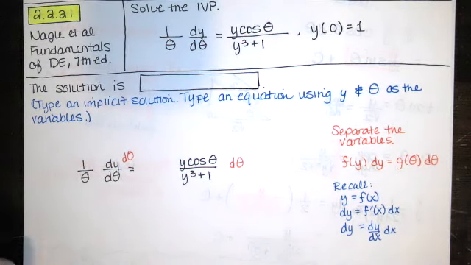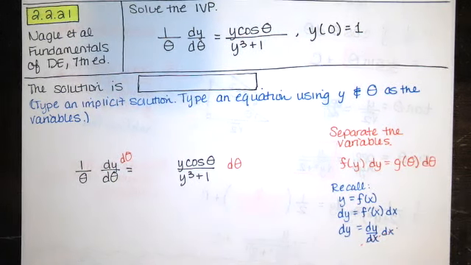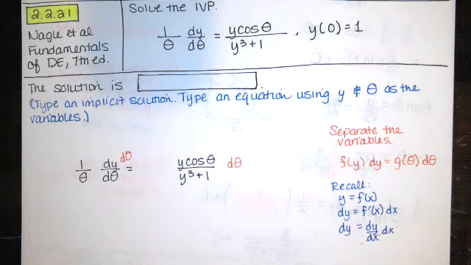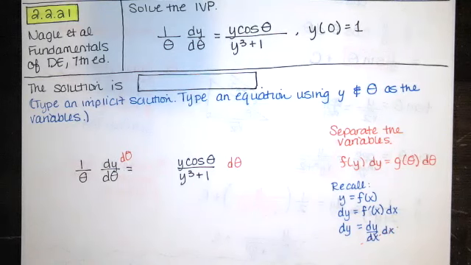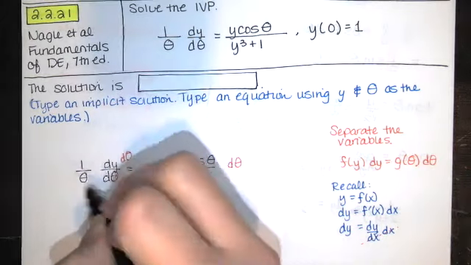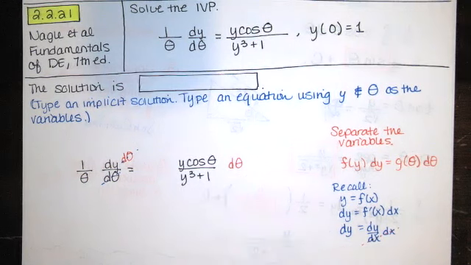Because of this definition, it's almost like the dx's are reducing and you're just getting dy, so multiplying both sides by dx gives you a dy. It behaves like that, but you really don't want to think of it that way, because this is really a function of x multiplied by dx, and this is really a function of theta multiplied by d theta. But if we do this, it's kind of like they cancel, and that's the definition of dy. So I've got a dy on this side and a d theta on this side.